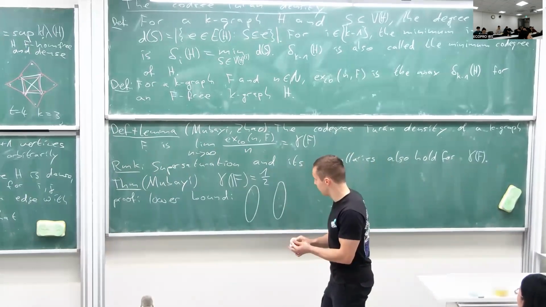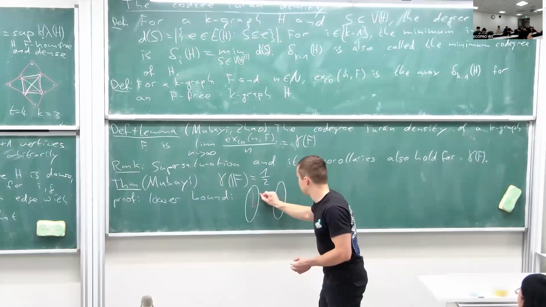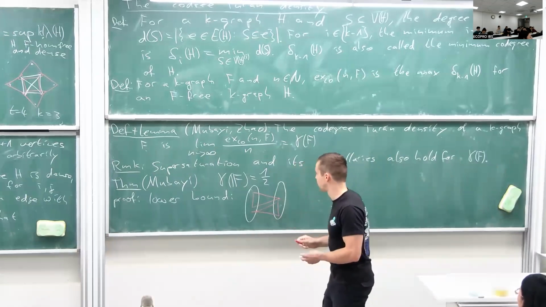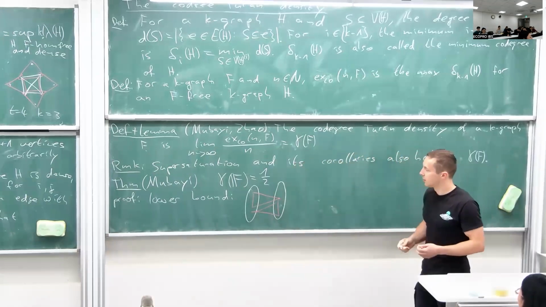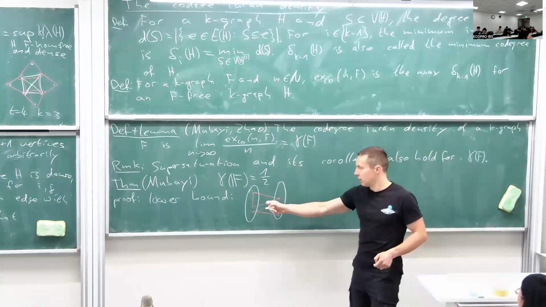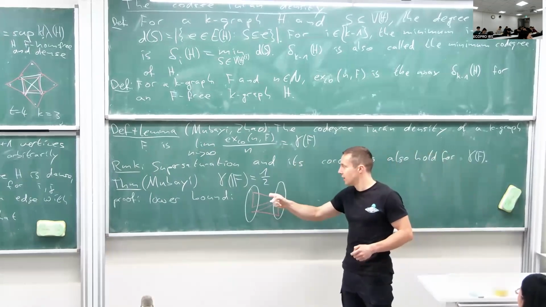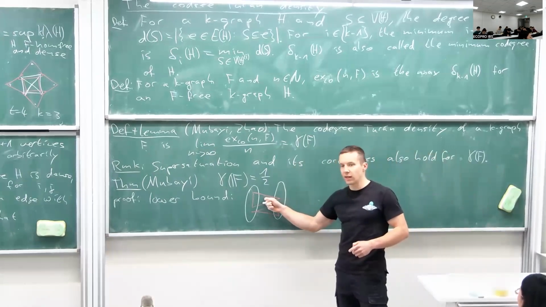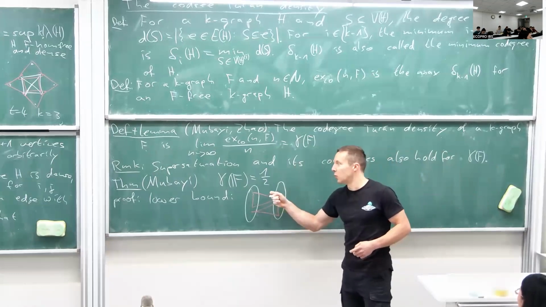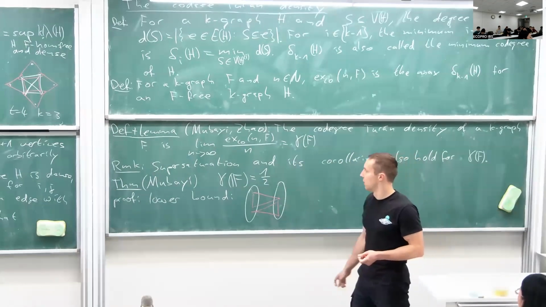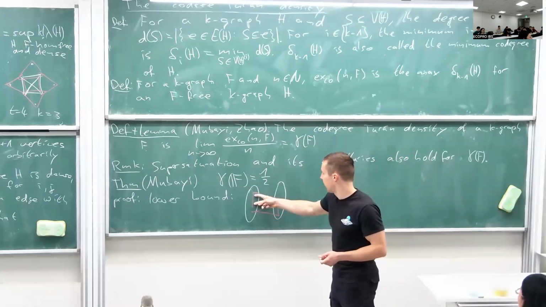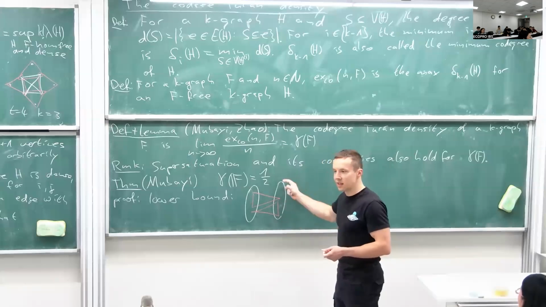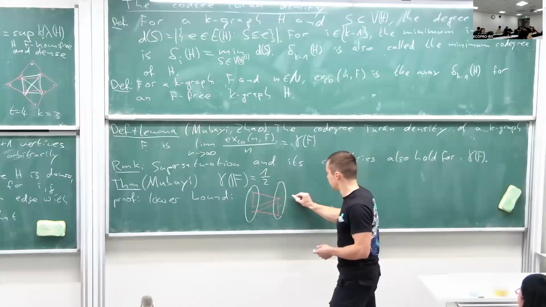This bipartite, balanced bipartite. Okay. So of course the minimum codegree of this one is not necessarily what the density was. So here for this pair, the degree would just be this side, so it's roughly n/2, right?